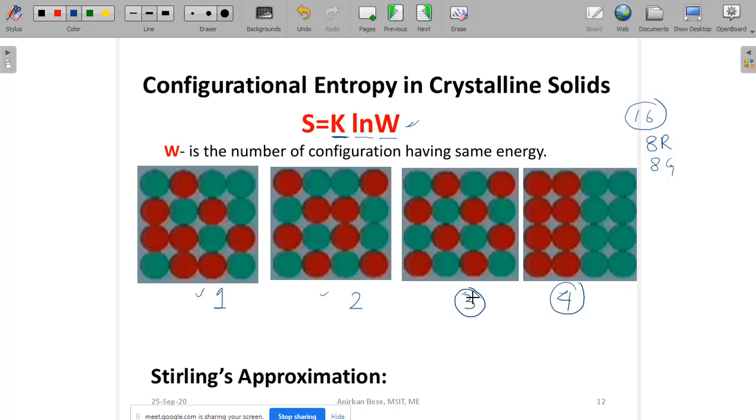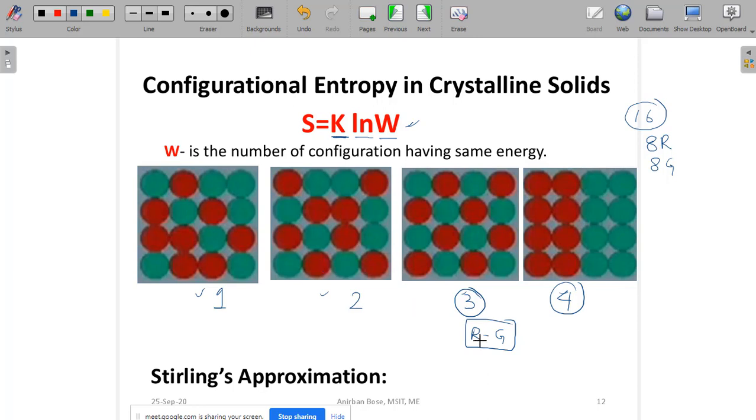In picture 3, only the RG bond, the red green bond, is present. There is no RR bond and no GG bond. But in the random pictures, all kinds of bonds, RR, GG and RG, are there, and by adding all these bond energies we get the total energy content of the material.